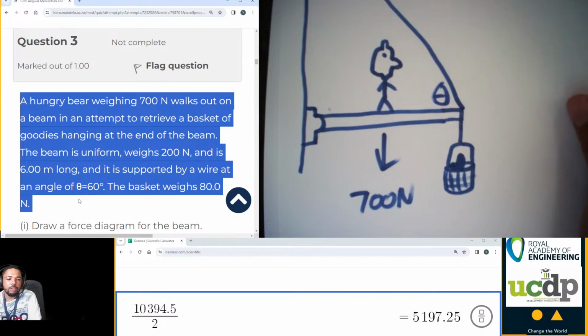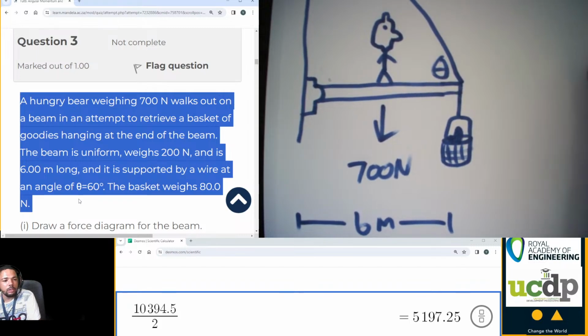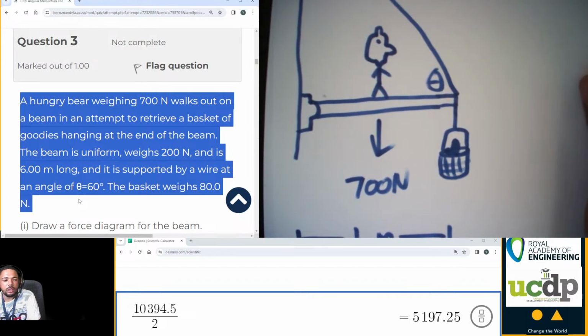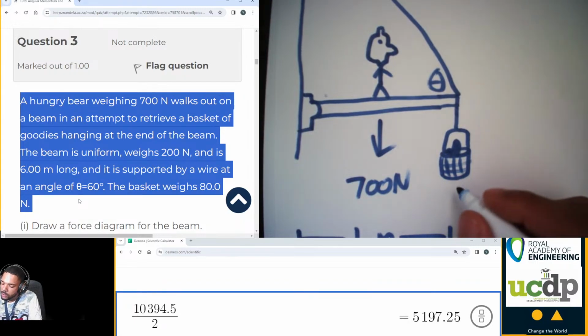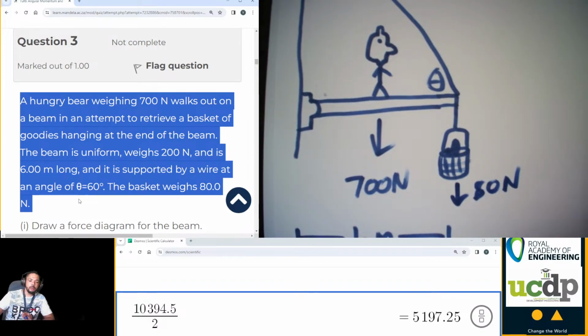The beam itself weighs 200 newtons and is 6 meters long. And what other information did they give us? The basket weighs 80 newtons. So that is roughly what is happening.